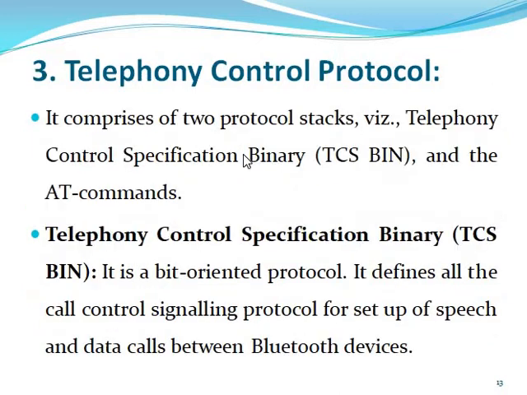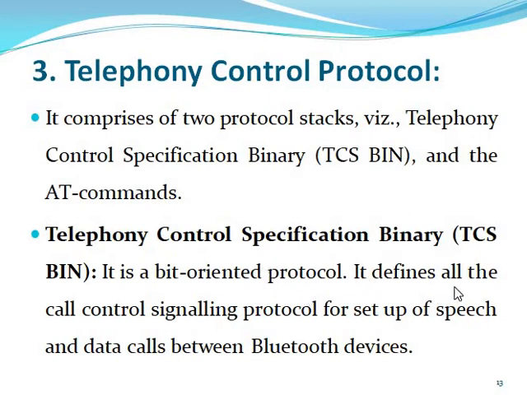So now we can show the next, the telephony control protocol. It comprises two protocols: the telephony control specification in binary, and the AT commands. The telephony control specification is a bit-oriented protocol.